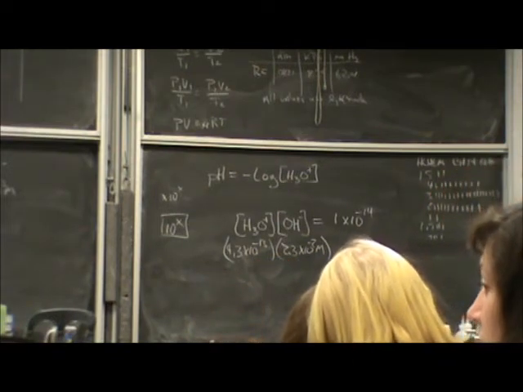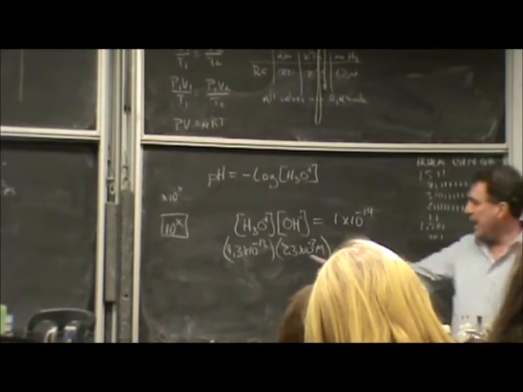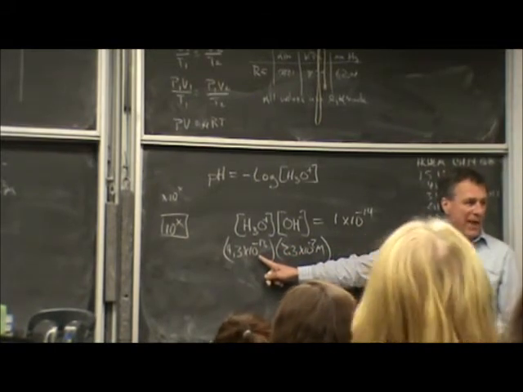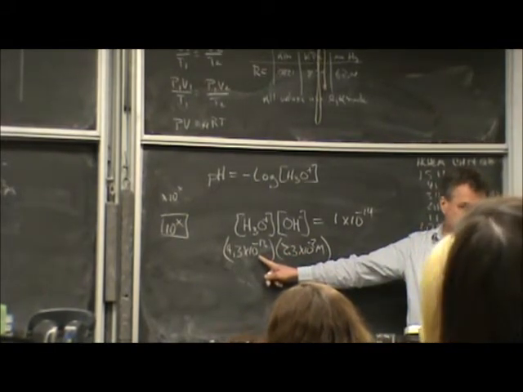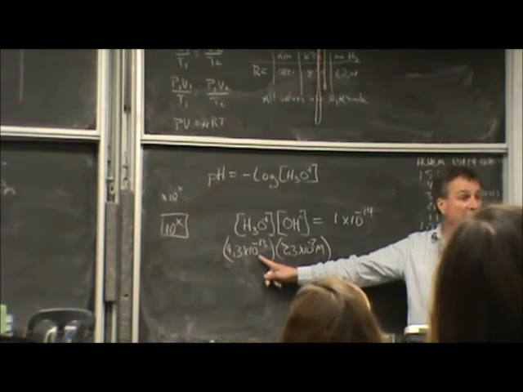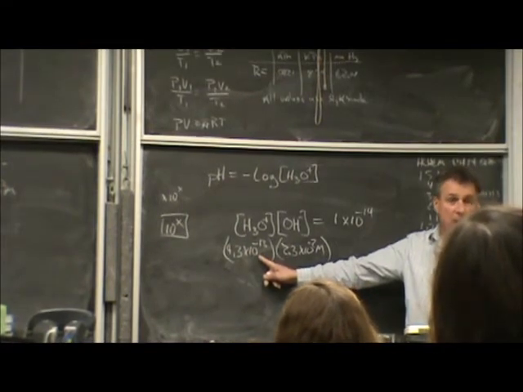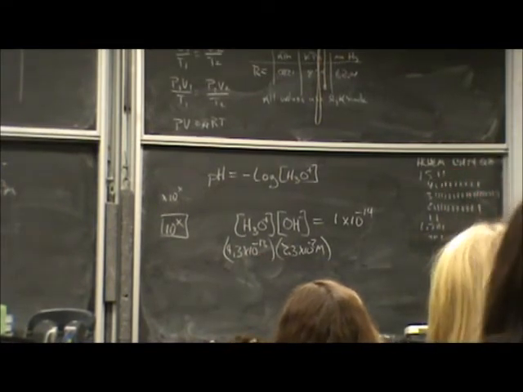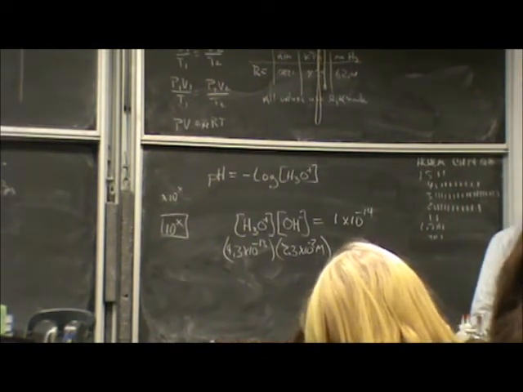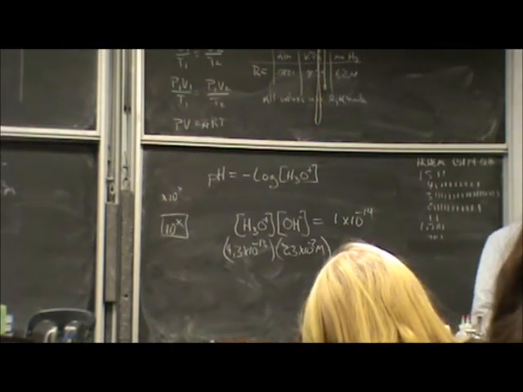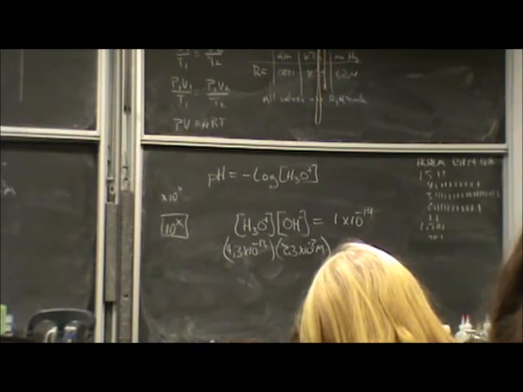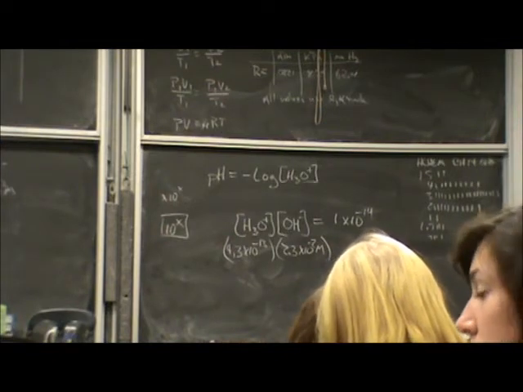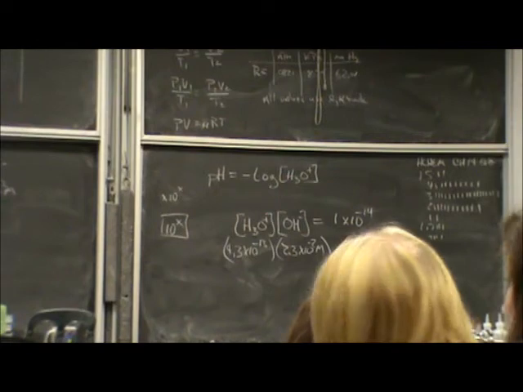I will caution you, when the concentration of hydrogen ion is more than 1, the logarithm is positive, so the pH is negative. And we can have negative pHs. Be careful with that. Wait, how do you have negative pHs exactly? We can have negative pHs.